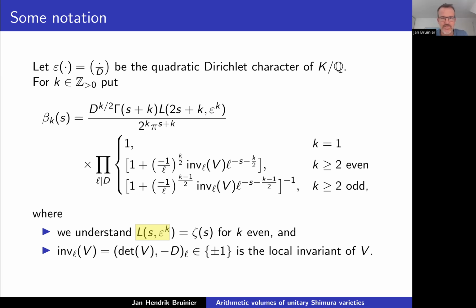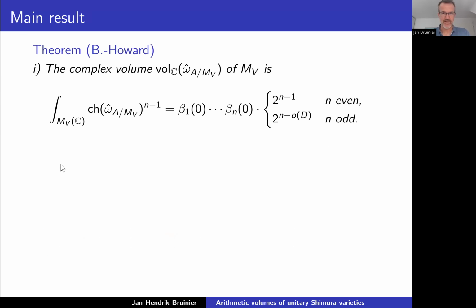So this is for short here. Okay, so in other words, this beta k is a shifted Dirichlet L function or Riemann zeta, and it's shifted by k. Okay, and in terms of this, one can give the formula for the volumes.